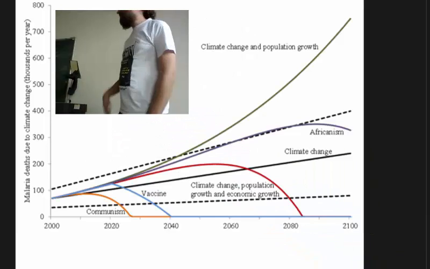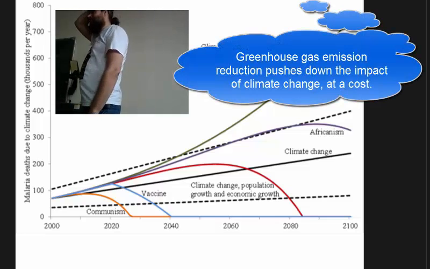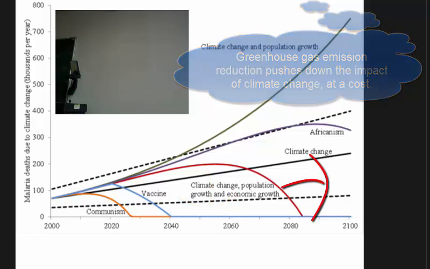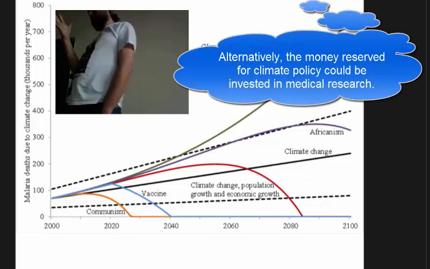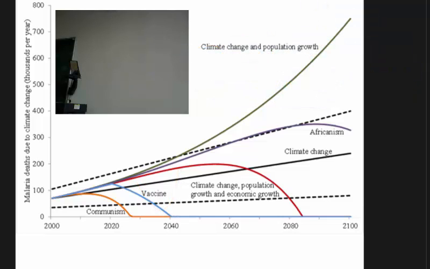Now, going back to this curve, what does greenhouse gas emission reduction do? It puts it down this one, with a delay. You could also take that money and accelerate medical progress, and then you bring about the blue line.